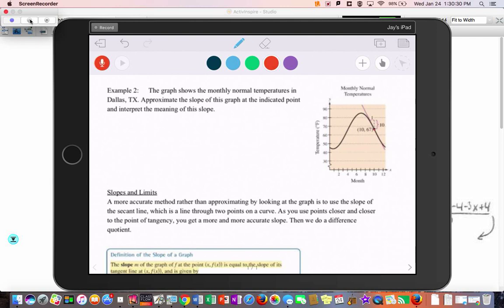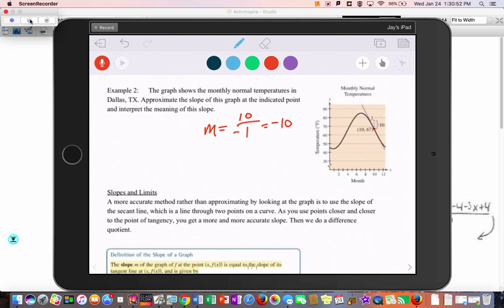that's hitting right there. And they said the slope is rise over run, so there's a vertical change of 10 and a horizontal change of 1. In this case, they went up 10 and left 1, so they're getting a -10.